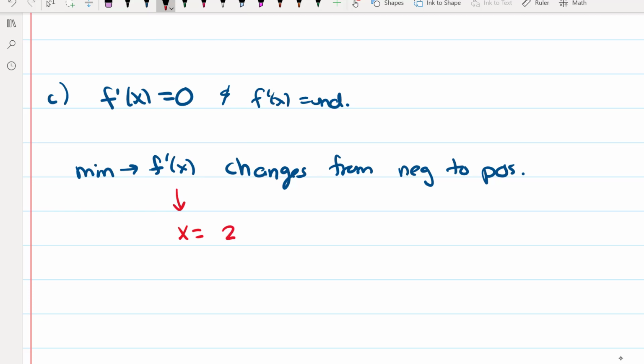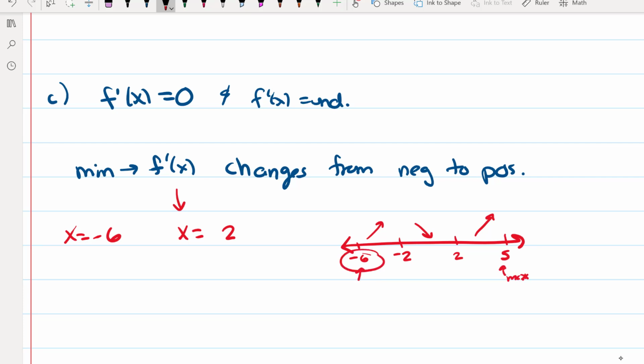And then we also have to check the endpoint of x equals -6. And we don't need to check the last endpoint because it's going to increase. So if I draw a sign chart, again, sign charts don't count as work on an AP test, but they're definitely helpful to kind of see what's going on. My graph is going to go up, down, and up. So this is going to be a max, so you don't have to check this one. We have to check the -6, and we have to check the 2.